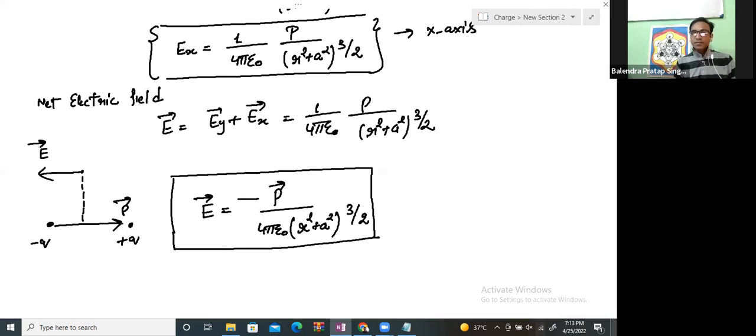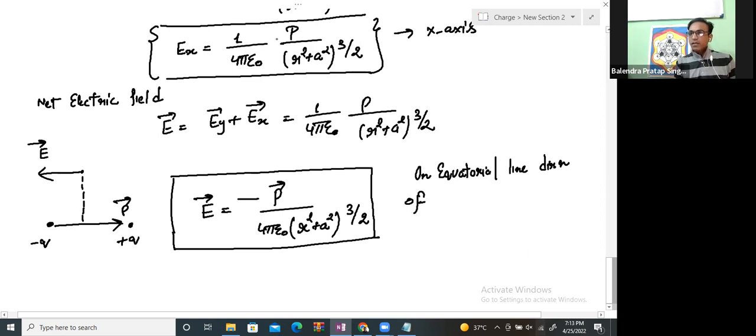Any question? So you can write one more line here. On the equatorial line, the direction of electric field is opposite to the dipole moment. Yeah, one question, sir, why minus? Because they are anti-parallel.